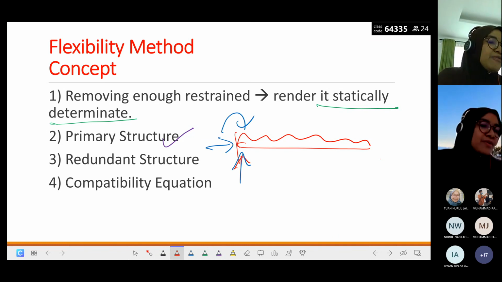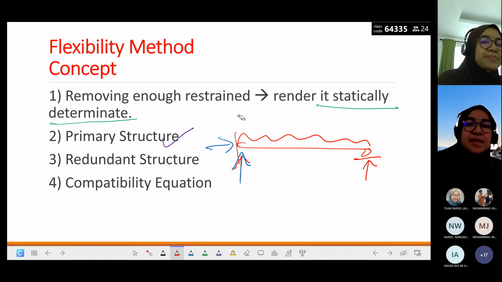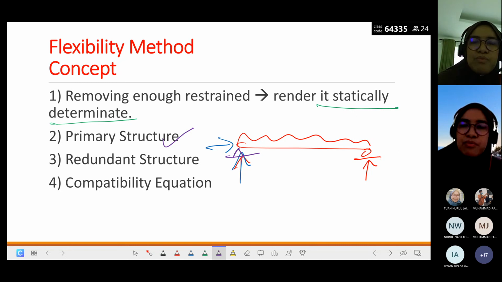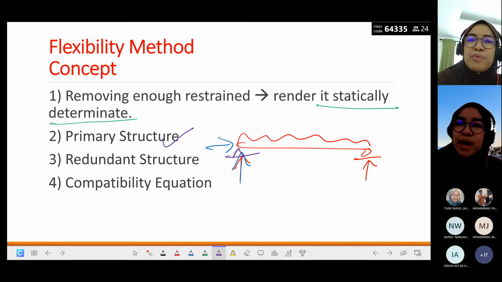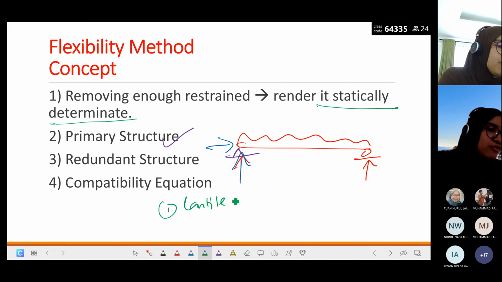Because when we have this, if we remove moment, it is just like what? Just now we removed BY, right? Now I remove moment. What happened to the beam? Just now it became a cantilever when I removed BY.